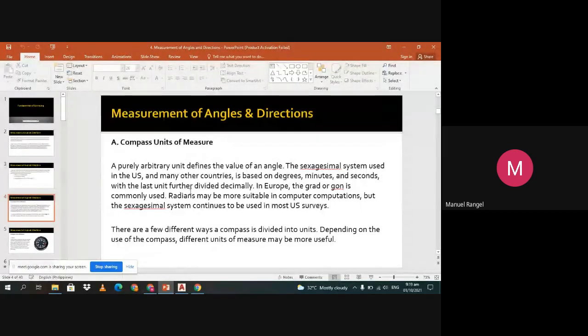So in Europe, grad or gon is commonly used. Radians may be more suitable in computer computations, but the sexagesimal system continues to be used in most US surveys. There are a few different ways a compass is divided into units, so depending on the use of the compass, different units of measure may be useful.